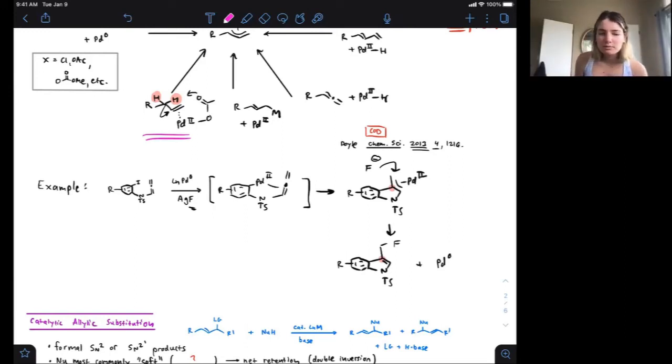Sure. So is silver fluoride soluble and silver iodide isn't? Or is it just more like halophilic for iodides? Like what's actually pushing that, since they're both halogens?